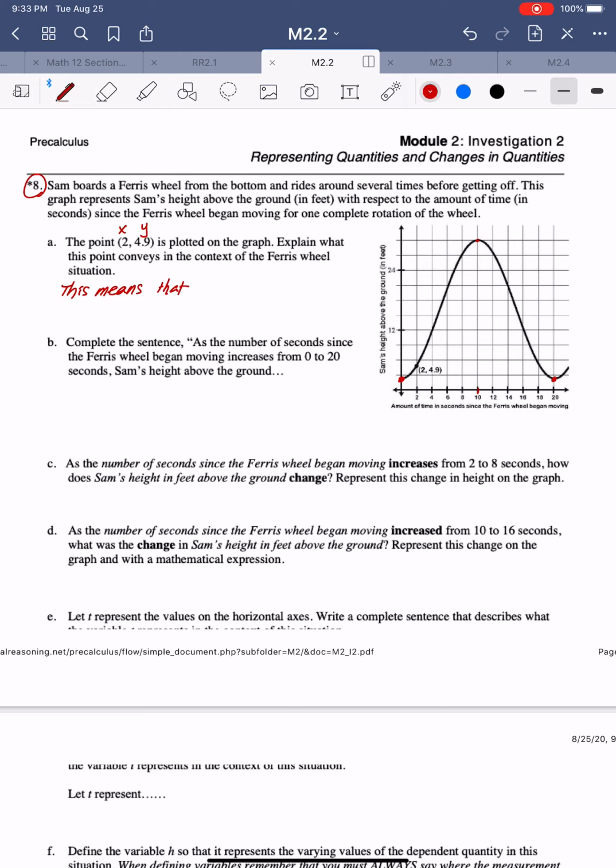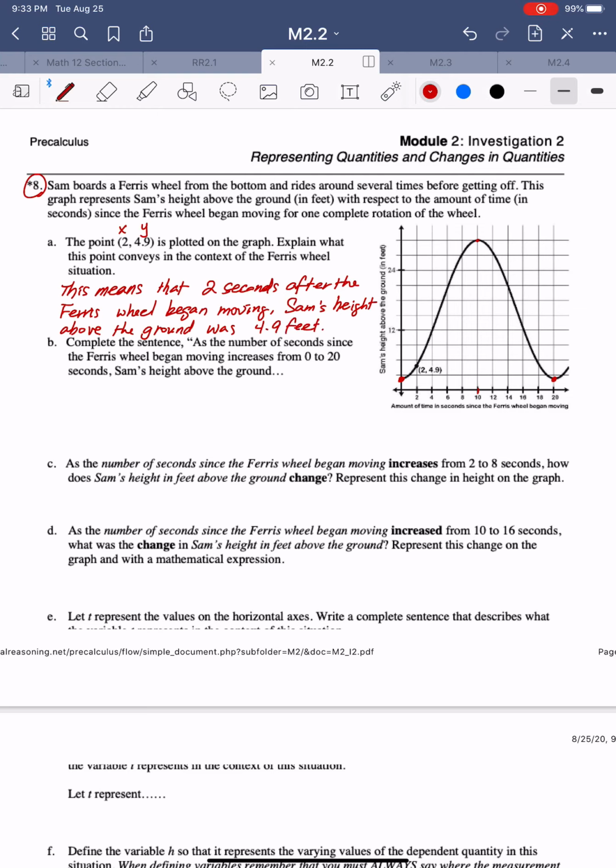2 seconds after the Ferris wheel began moving, Sam's height above the ground was 4.9 feet.